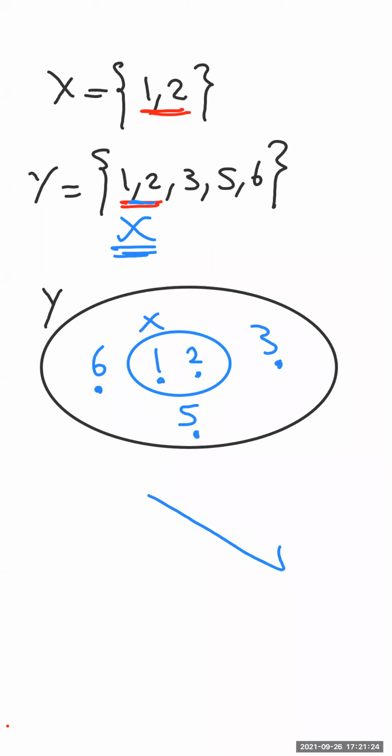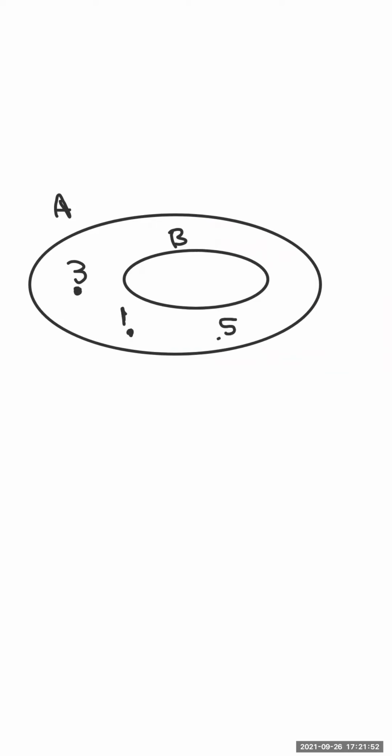So let me write down one question so that we can solve it. If there is a shape like this, this one is A and this one is B. And there are some elements like 3 here and 1 and 5, and here 7 and 9.